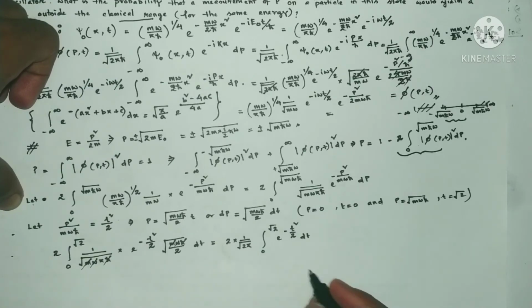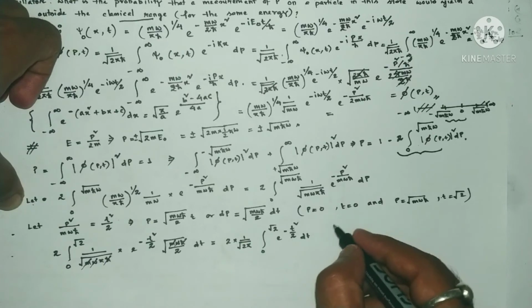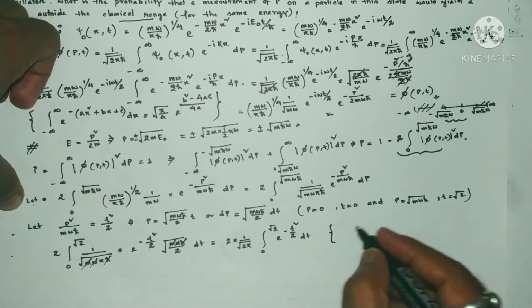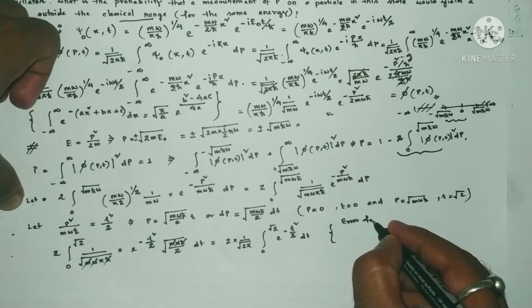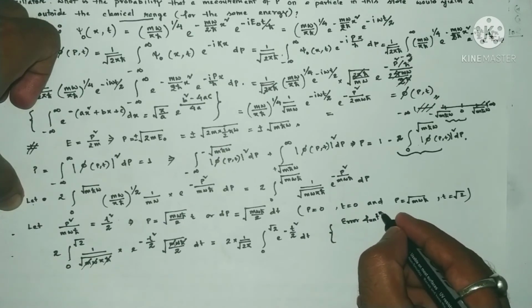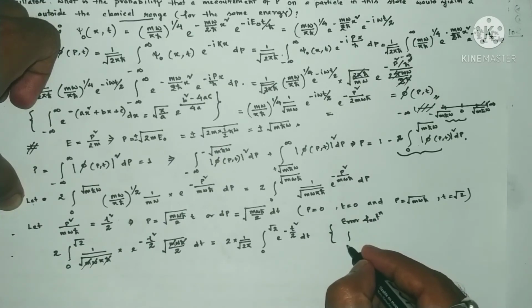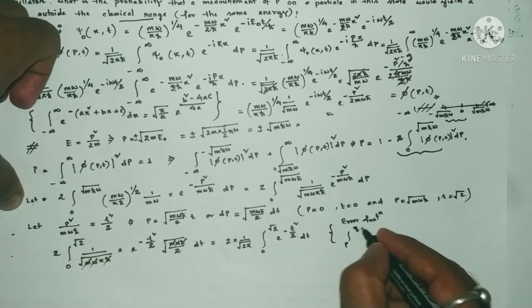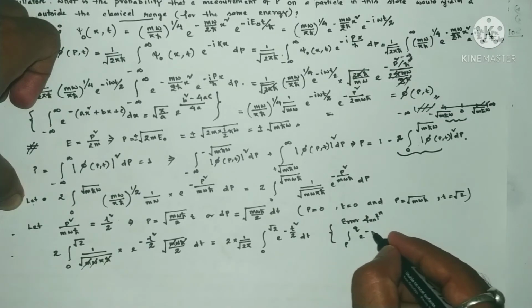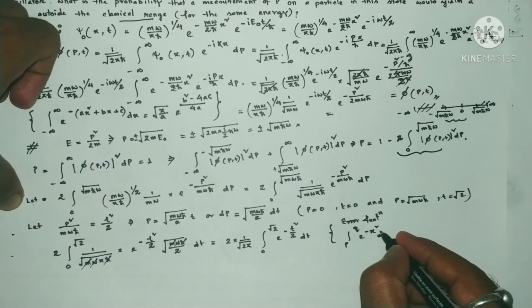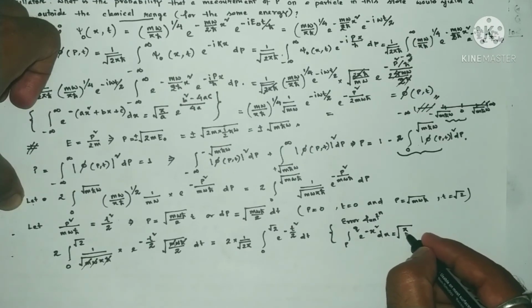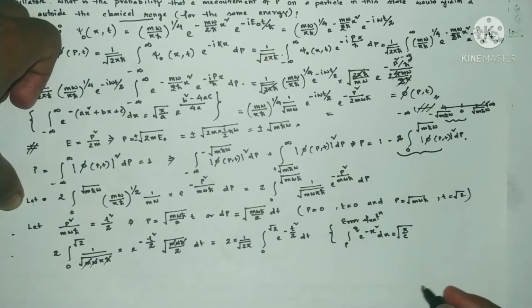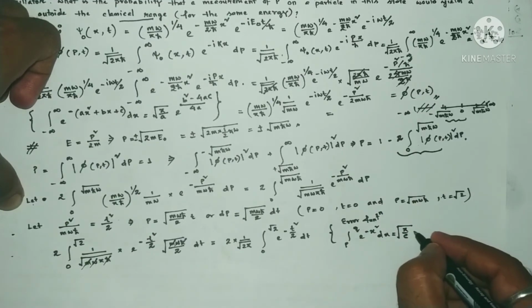So now here comes an error function. We have to solve it by error function. So in error function we have, suppose p to q e raised to minus x square dx. So if it is so, we will have under root pi by c multiplied by 1 by 2.